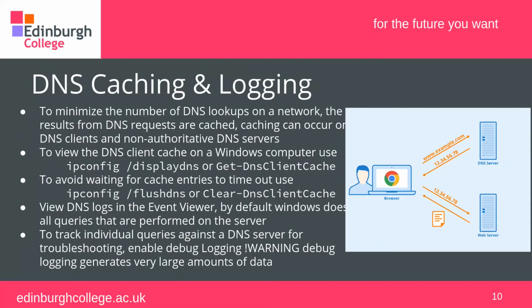We can actually display this in Windows by doing ipconfig /displaydns, or in PowerShell, we can type Get-DnsClientCache. And likewise, we can do ipconfig /flushdns, and the PowerShell command is Clear-DnsClientCache.